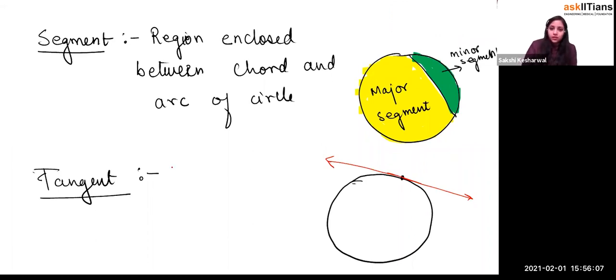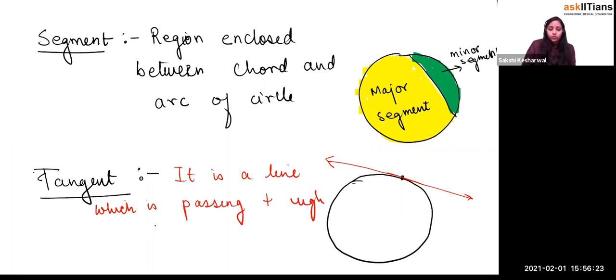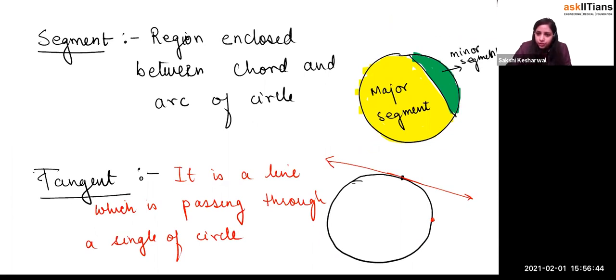So tangent is basically a line which is passing through a single point of the circle. I'll write single point because sometimes you get confused with the word point. It is just passing. If I take another point, can I draw a figure like this also?